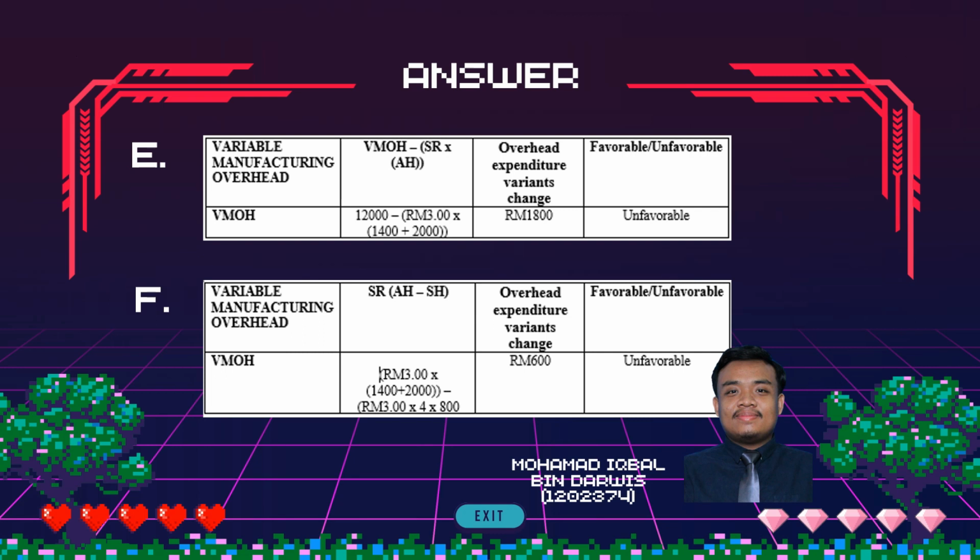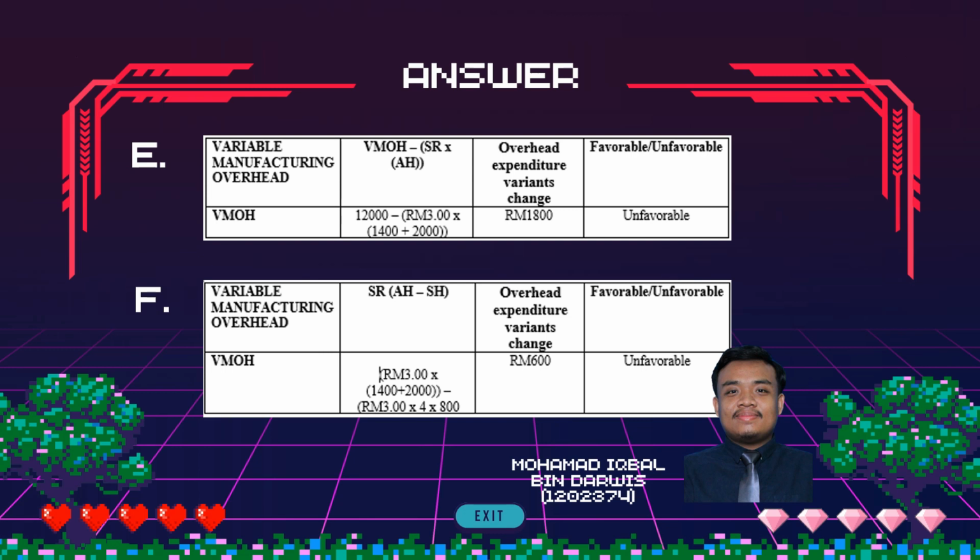Okay, now look at the answer of E. Variable manufacturing overhead. 12,000 minus 3 ringgit multiplied by 1,400 plus 2,000. Overhead spending variance is 1,800 ringgit. The answer is unfavorable.